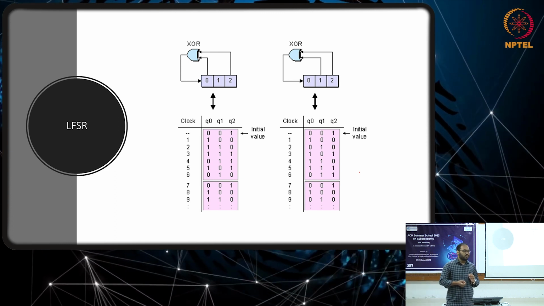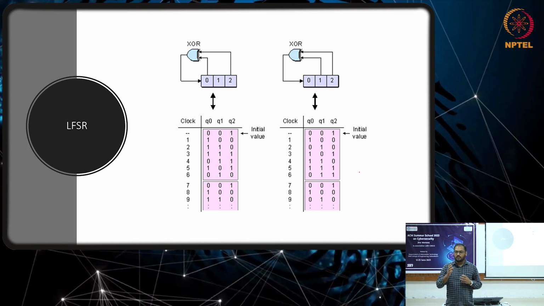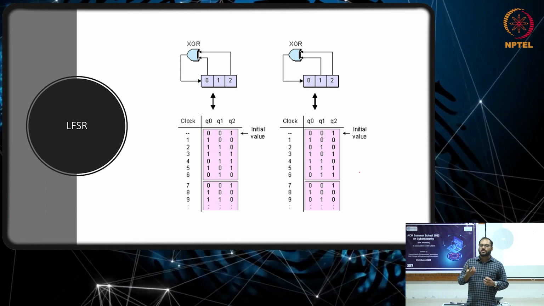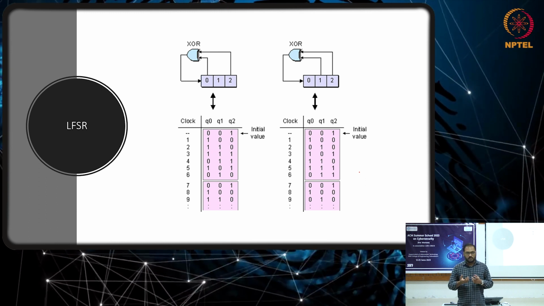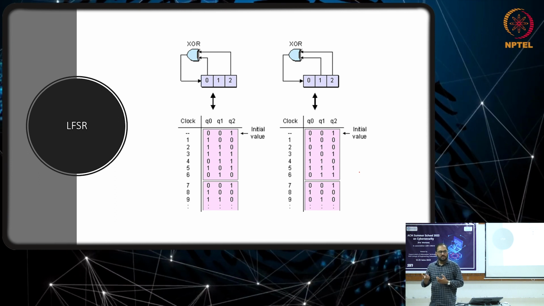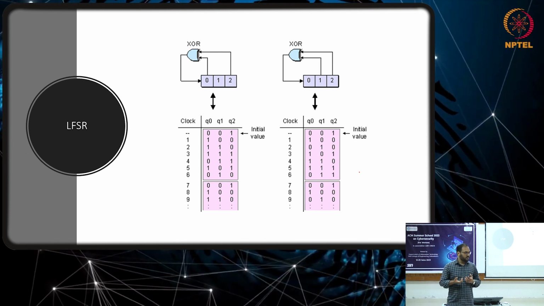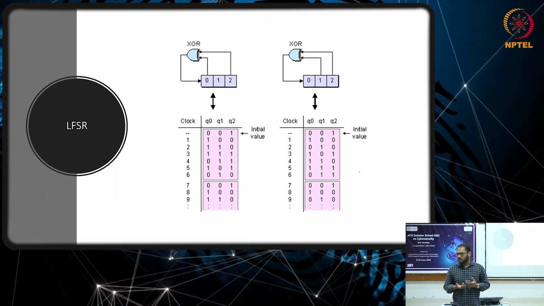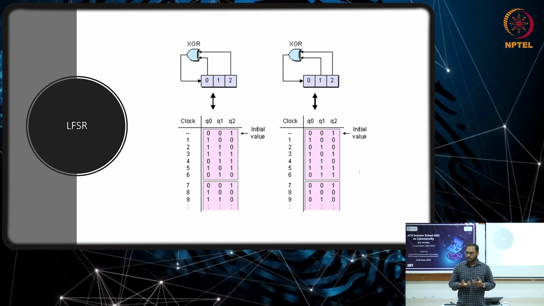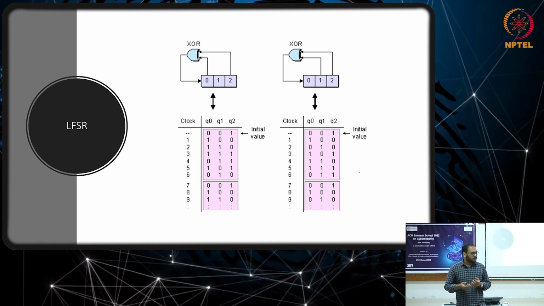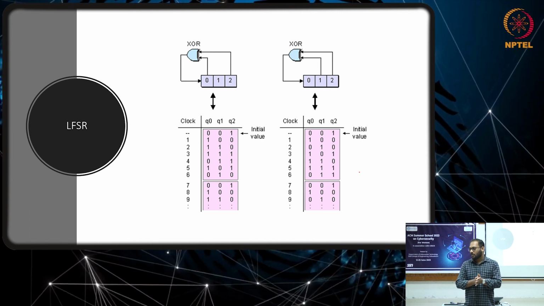Okay, so those three were different types, or you can say, structures of block ciphers. Now I'm just shifting to stream ciphers. Everyone remember stream ciphers? What was stream cipher? How it was different from block cipher?